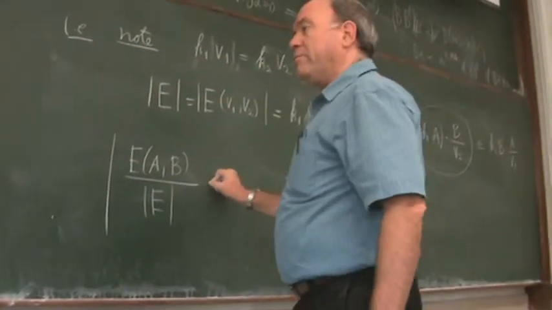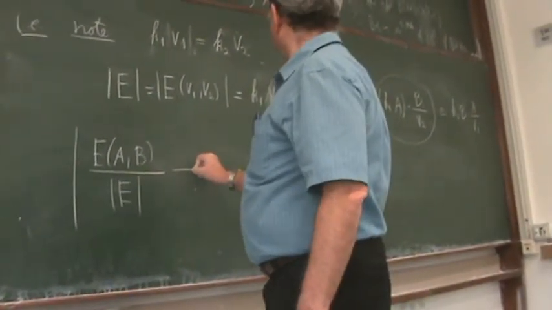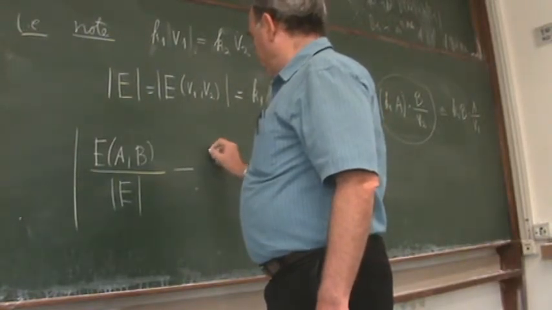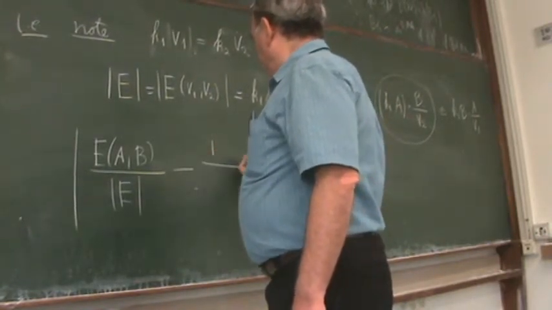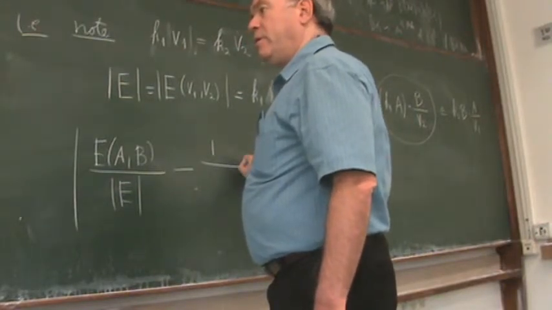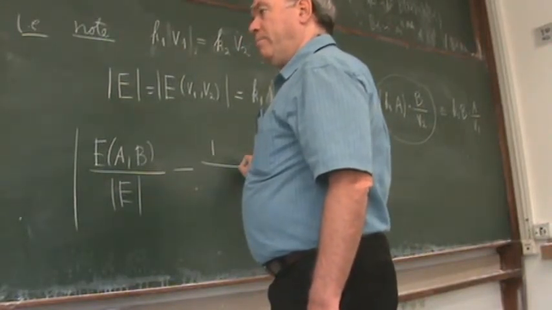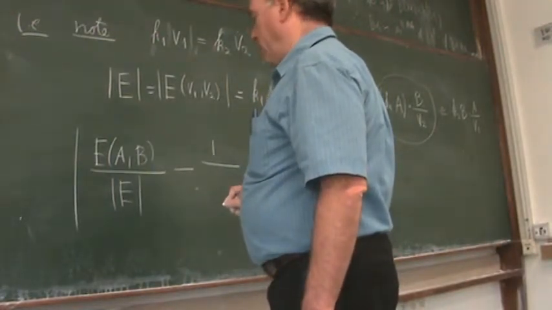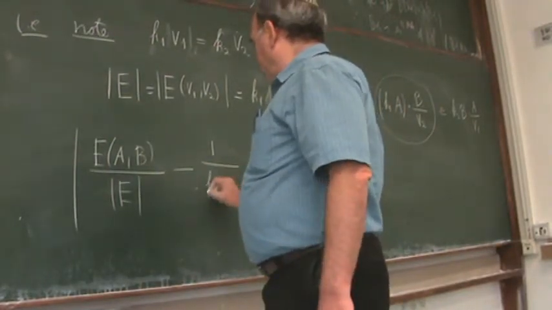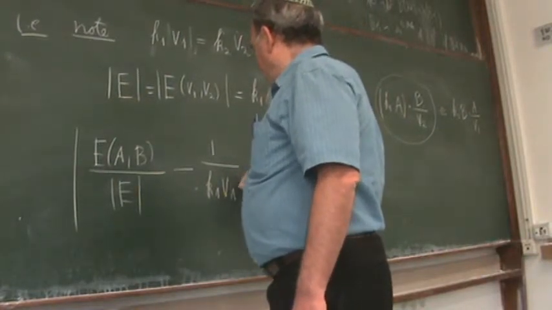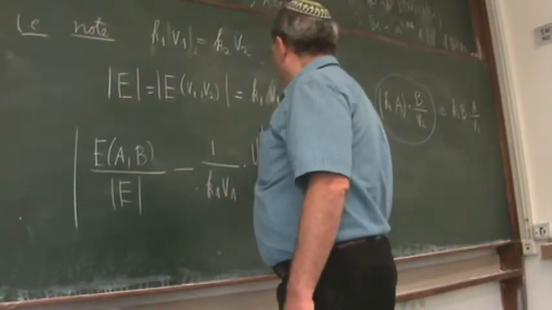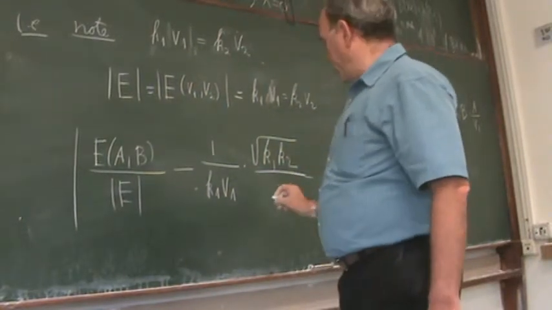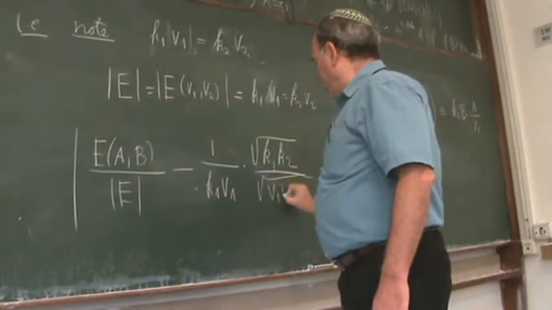So then I'm going to get minus, okay, let's do 1 over, now what I want to say, I divided K1 V1 times square root of K1 K2 divided by square root of V1 V2.